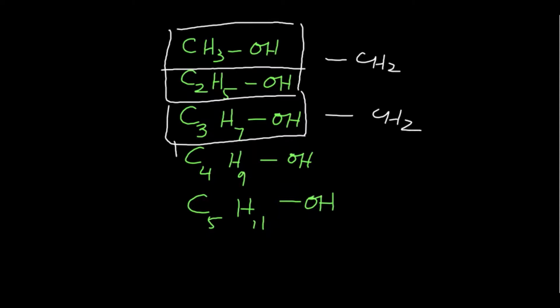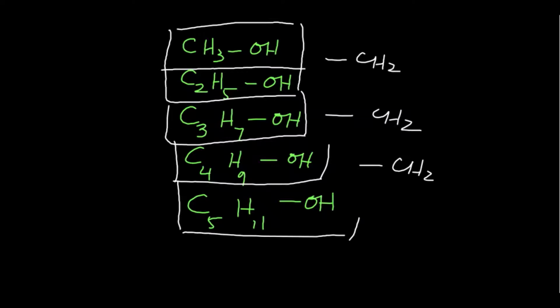The next difference, C4H9OH minus C3H7OH, again we get a CH2 group. And the difference of C5H11OH minus C4H9OH, again we get a CH2 group.